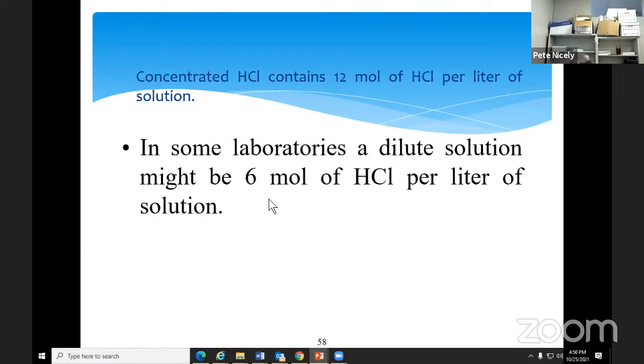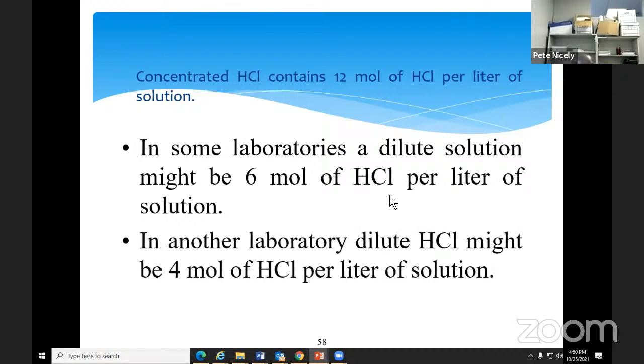Now, in some labs, and we do have that downstairs in our lab here, you can have a solution of 6 moles of hydrogen chloride for every 1 liter of solution. So this solution here would be more dilute, even though in practical terms, it's actually very concentrated, all right? But it is more dilute compared to the original solution here.